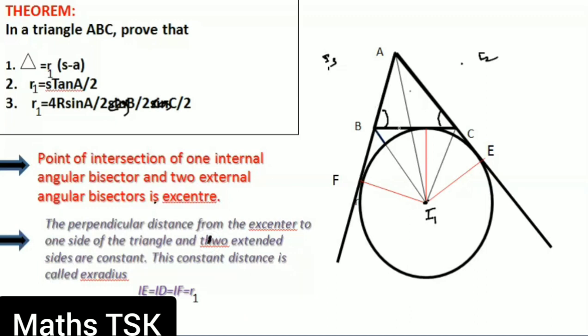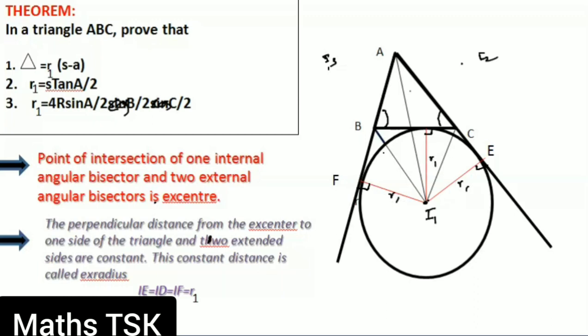Look here, there is the side BC, and for the extended sides AB and AC, if you extend AC, there is the extended side AC. Perpendicular distances are drawn from I1 to one side and to the two extended sides. These three distances are equal. This constant distance is called the exradius.